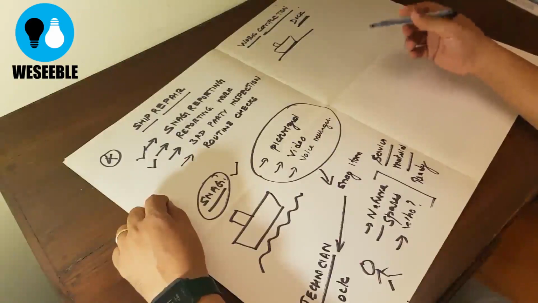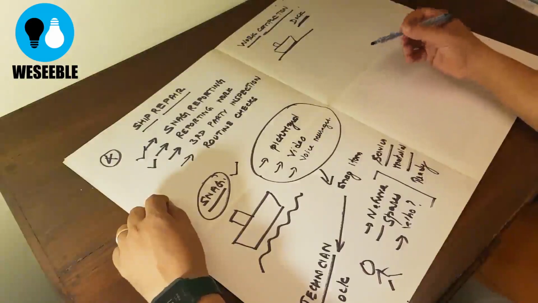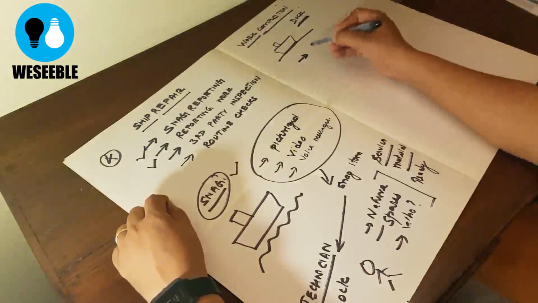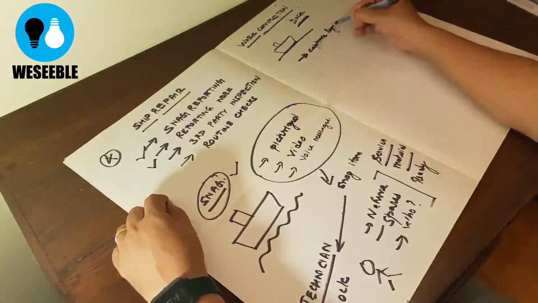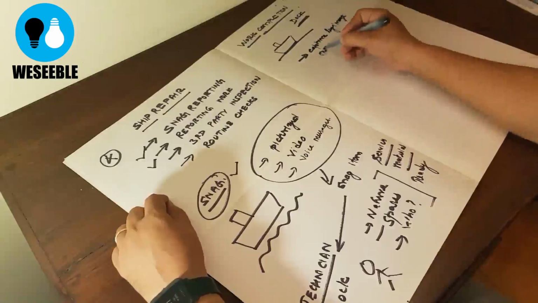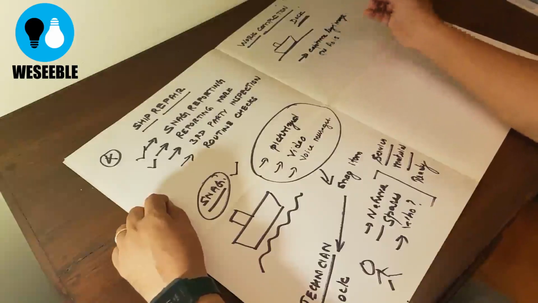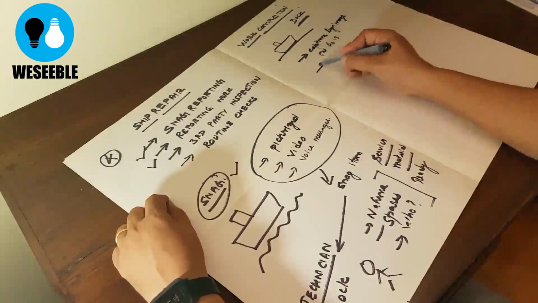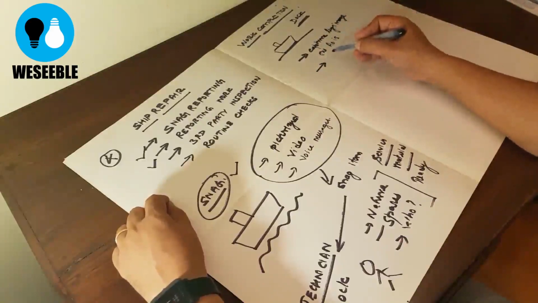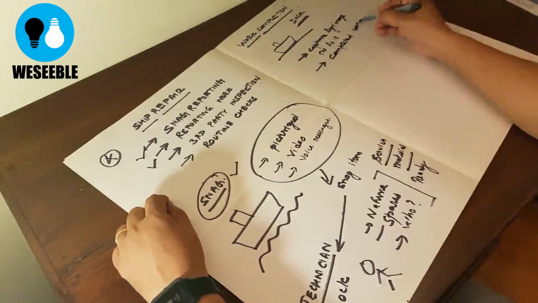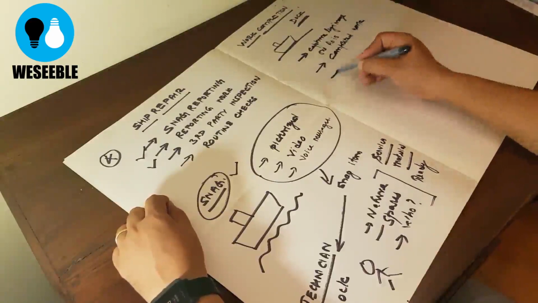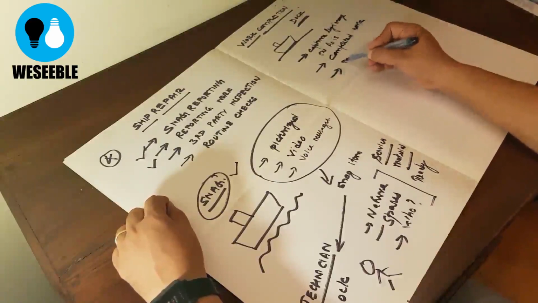So whenever a repair is carried out, Weseeble has the capability to capture by images the as-is situation, and once the work is completed, it also captures the completed work, and this is reported on a daily basis.